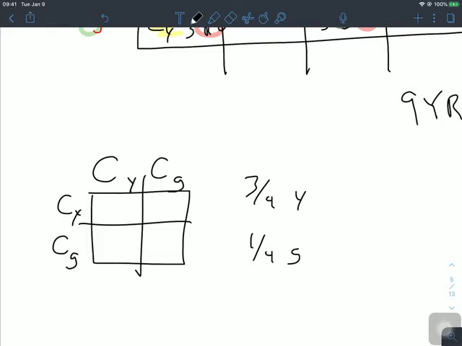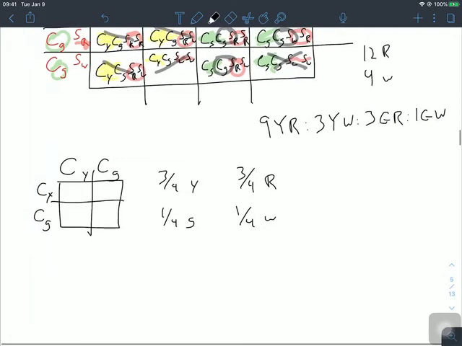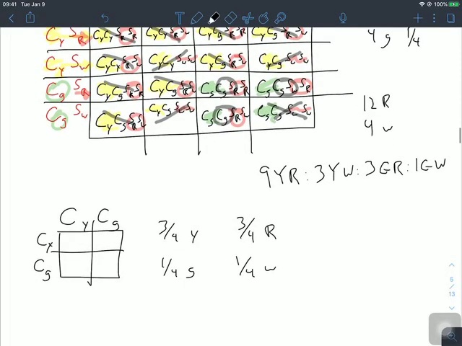Same goes if I was to do the Punnett square for round and wrinkled. 3/4 would be round, 1/4 would be wrinkled. So, if you're trying to get the likelihood or the ratio that you'd expect for one of these traits, not all of them, you could use the product rule.